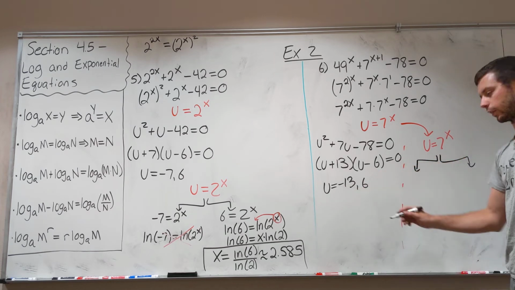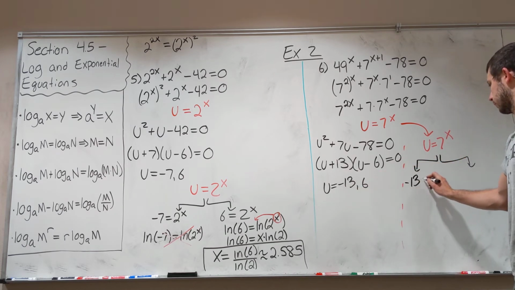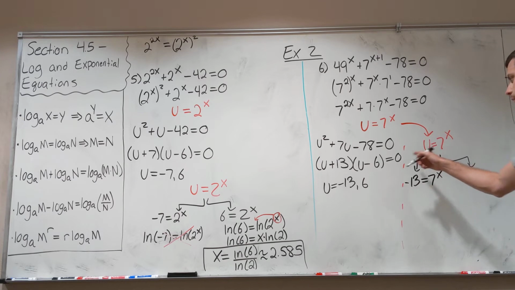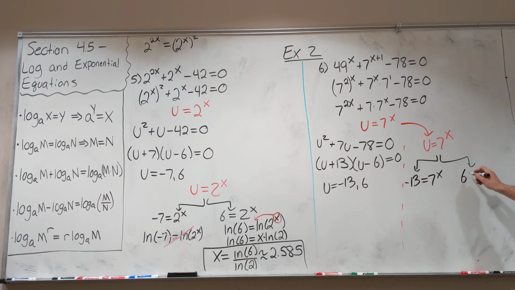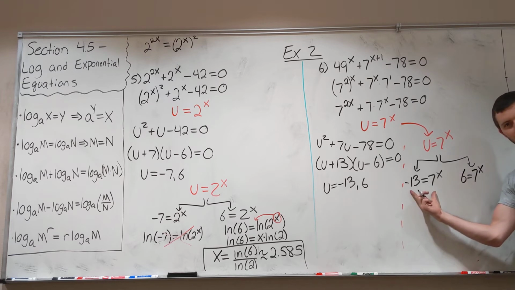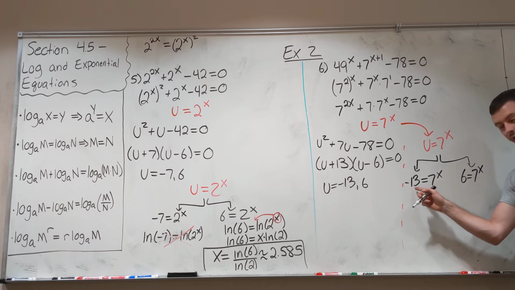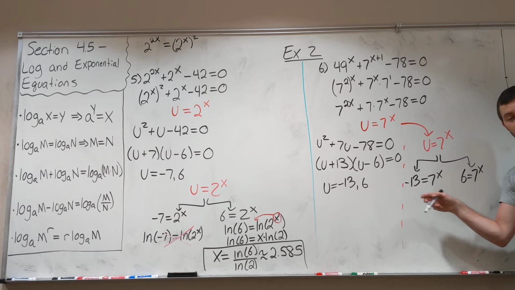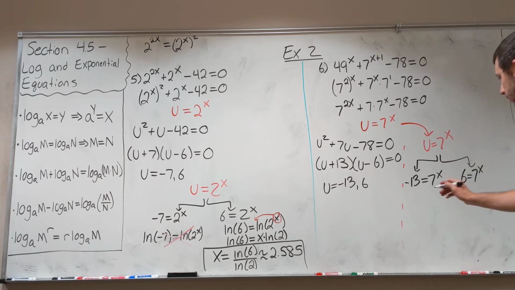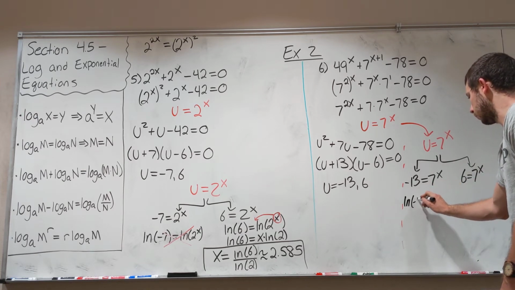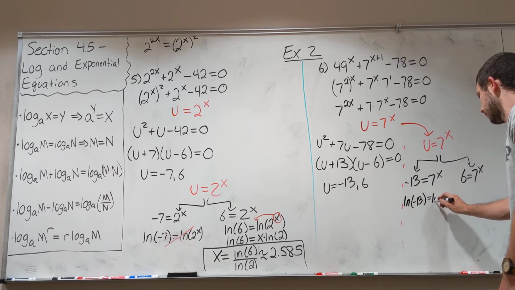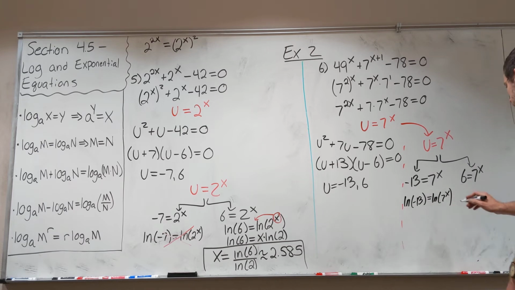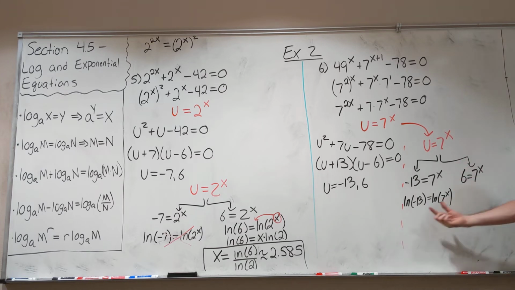So one of the u's is negative 13. The other u is positive 6. You might have noticed already, an exponential cannot output a negative. If you don't see that immediately when you apply the natural log, you will notice the natural log of a negative cannot happen.